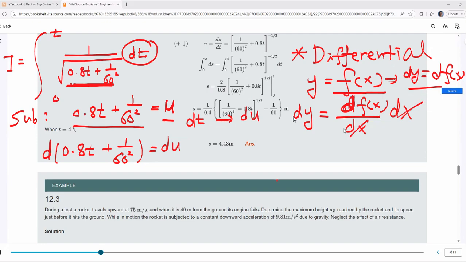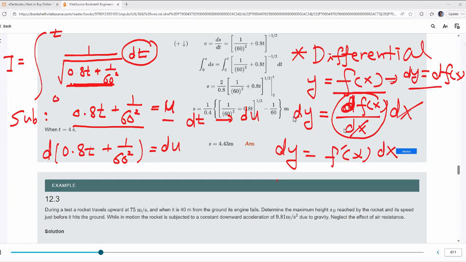Now this guy is the derivative of f with respect to x. For the symbol of the derivative, we use a dot or the prime, right? This is f prime, and dx.